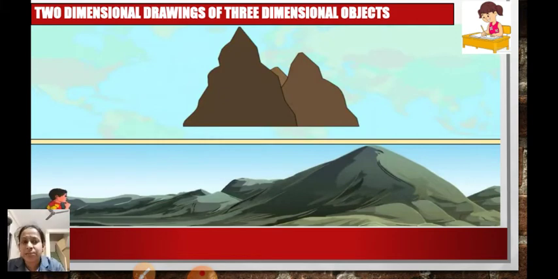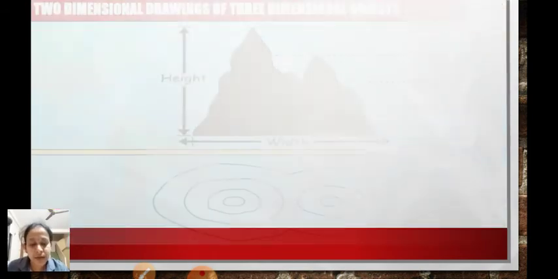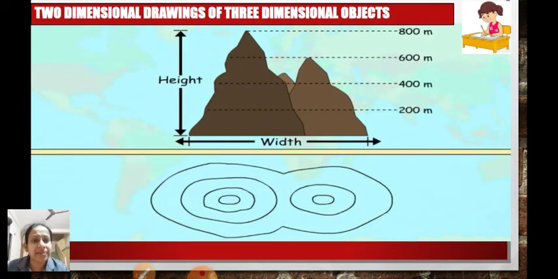So to solve this problem, in geographical maps, they are drawn with the help of certain things called contour lines, or areas of different heights. These types of diagrams are drawn in the case of geographical maps.